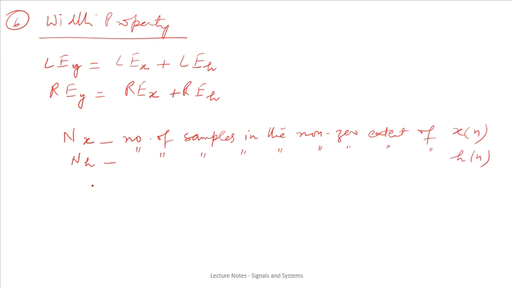Okay, so the number of samples in the non-zero extent of the sequence yn, that means ny, will be equal to nx plus nh minus 1. So this becomes the width property of the discrete time convolution.